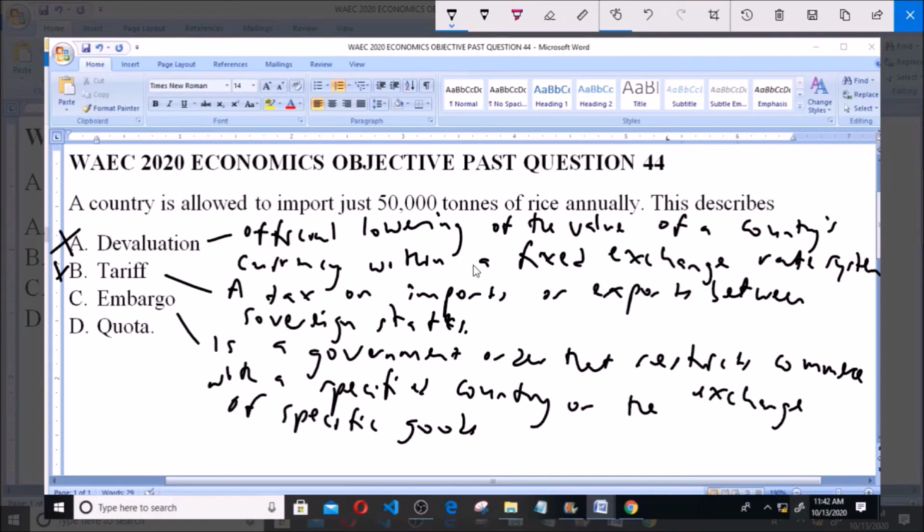Now as you can see also from the question, no specific goods is restricted. Instead, what you have restricted is the number of a particular good. So option C, embargo, is not the correct answer to this question.